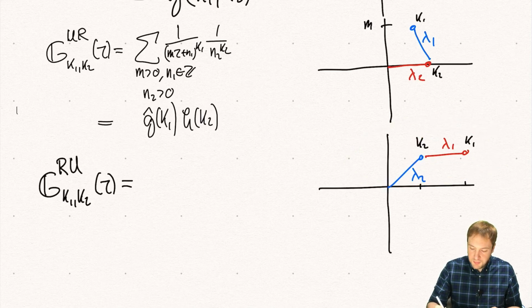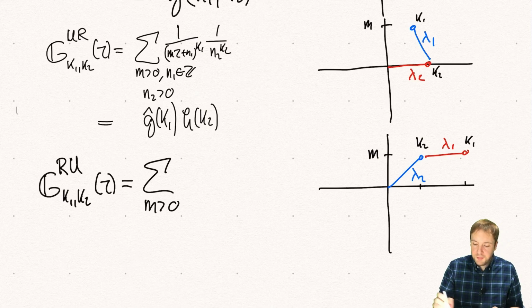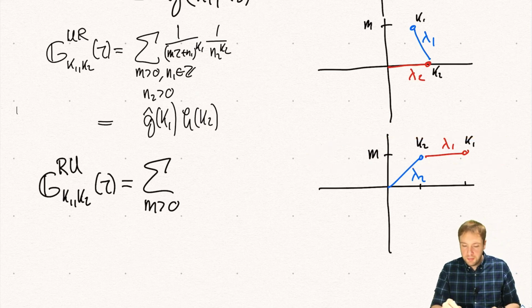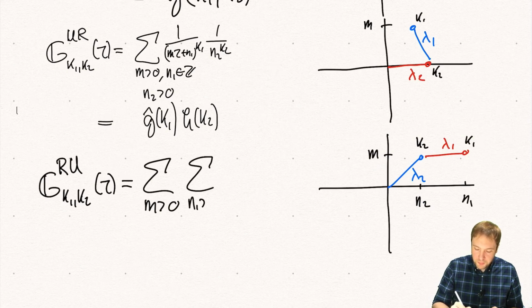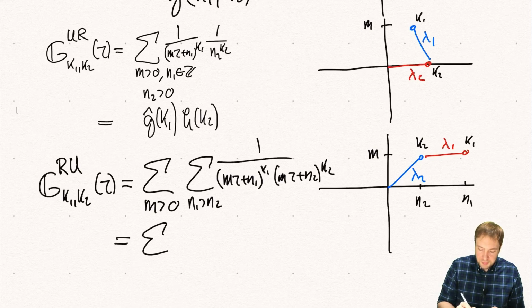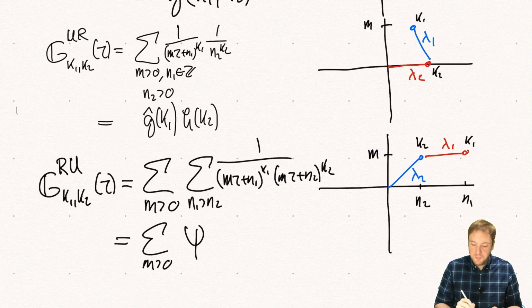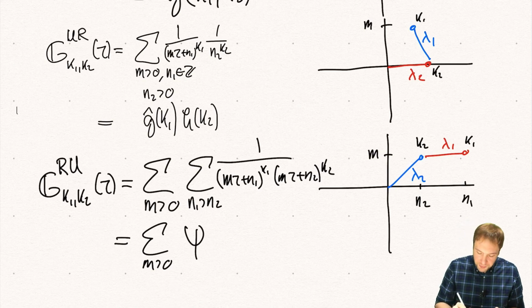But this just means I can take the sum over all positive m. And for a fixed m, I need to take the sum over all pairs, here with n2 and n1, where n1 is greater than n2, of (m tau plus n1) to the k1, (m tau plus n2) to the k2. So this is m greater than 0, and here this is the definition of the multitangent function in depth 2. So this is psi k1 k2 of m tau.